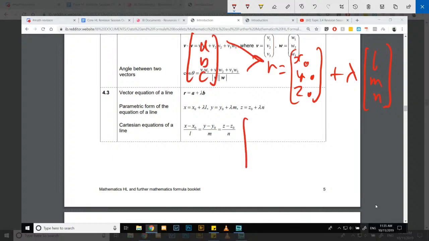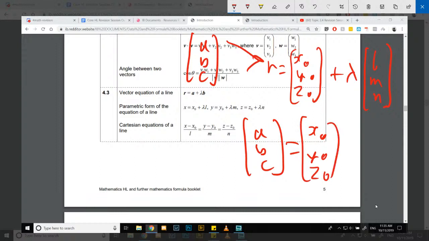I would set A, B, C equal to x naught, y naught, z naught, plus lambda L, M, N. I know what L, M, N are, and I know x naught, y naught, z naught. The only thing I don't know is lambda. Then I would try to solve for lambda. If there's no solution for lambda, that means A, B, C does not lie on this line. If there is a solution for lambda, then A, B, C does lie in this vector equation.